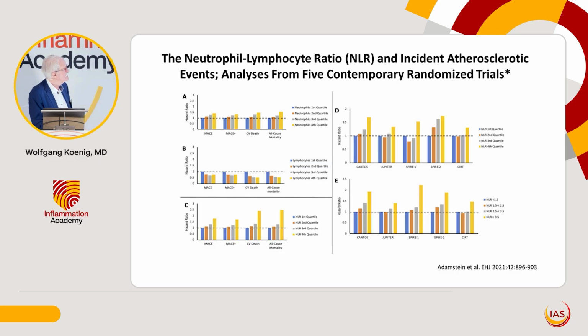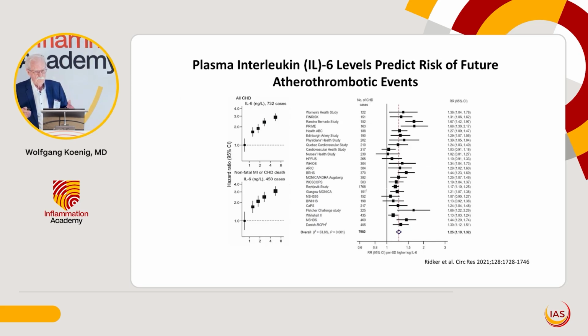An inverse association was seen with lymphocytes, and if you take the neutrophil lymphocyte ratio in quartiles, you clearly can see, at least if you go into the top quartile, that there is a significant increase in risk. And this has been replicated in quite a number of studies like CANTOS, that has already been mentioned, JUPITER, and SPIRE-1 and SPIRE-2. These were large trials with bococizumab, which later had to be withdrawn because of drug antibodies. And finally, the third trial with methotrexate. So quite consistently, and I think the importance is that it's an easily accessible marker.